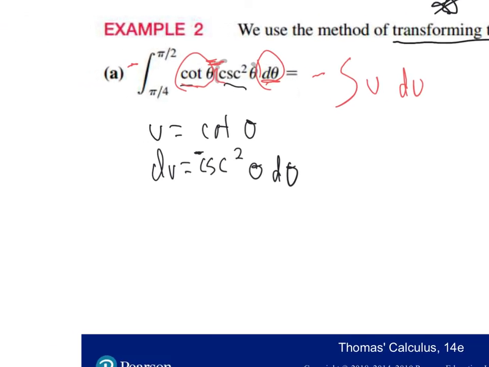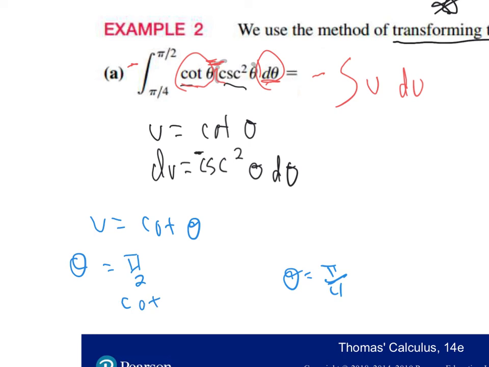Because it's trig, it tends to be a little more difficult. If u is equal to the cotangent of theta, and the thetas I'm going to use is theta equals pi over 2, and theta equals pi over 4. Let me do the upper limit first.